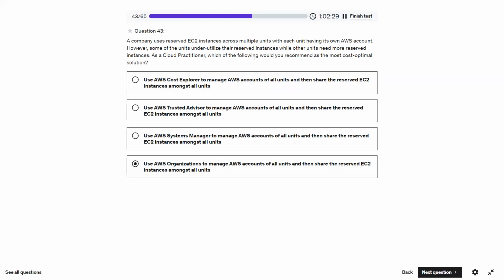Let's put it as 10 AWS accounts that all purchase reserved EC2 instances; 5 are underutilized and not using their reserved instances, while some require more. If it is part of an organization, one account can take reserved instances from another account. So use AWS Organizations to manage AWS accounts and share the reserved EC2 instances among all units.